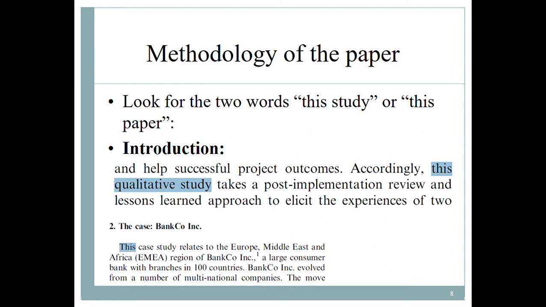But sometimes when you see this phrase, "this study" or "this paper", it is actually not talking about the methodology, it talks about the objective of the paper. So you can see from the sentence or the few sentences if it is about the methodology or about the objective. But usually please look at these two words, this study or this paper or this work or whatever.